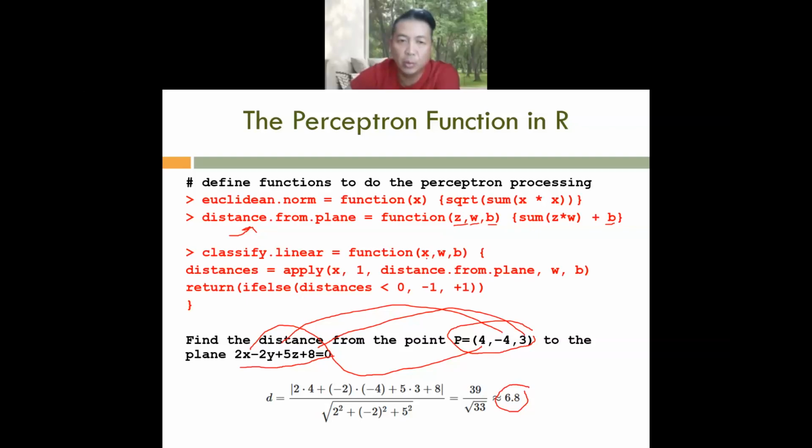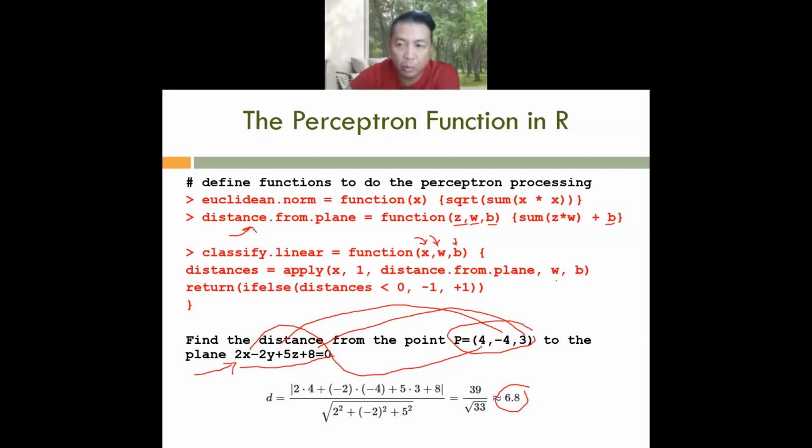We call this function, putting in the x, the weights, and the bias, so we apply the distance between x and the plane.